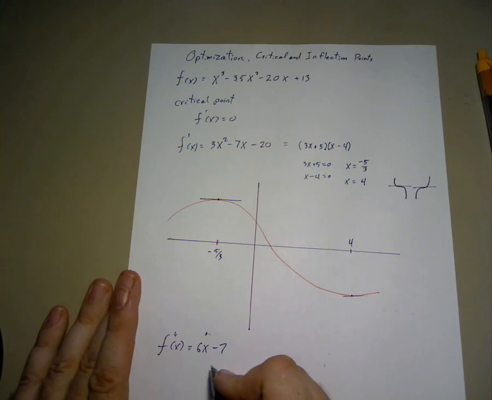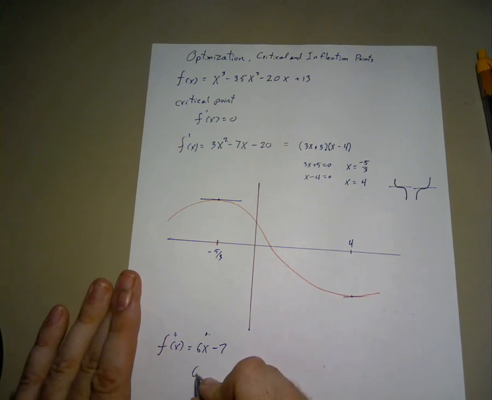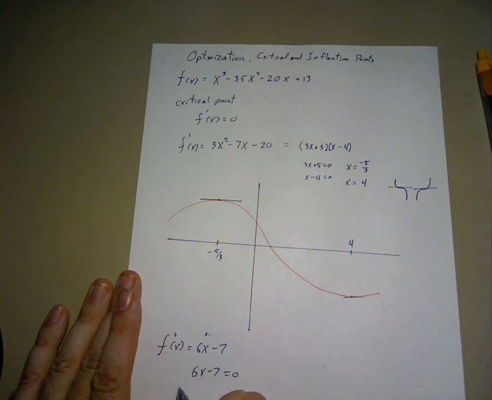We set this equal to 0, since the inflection point is where that equals 0, so our point must be 7 over 6, positive.